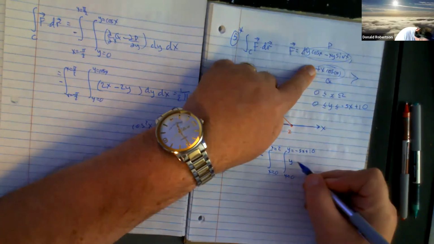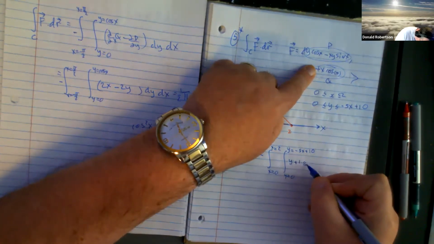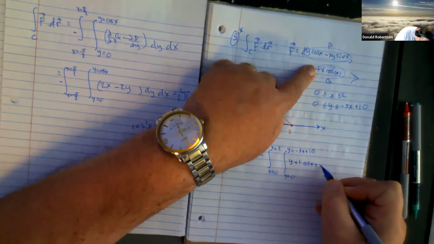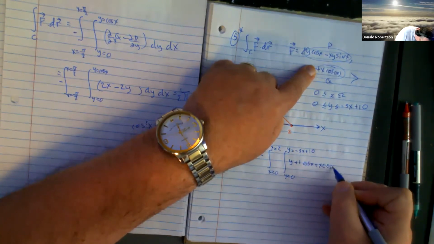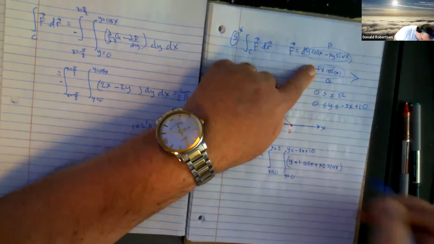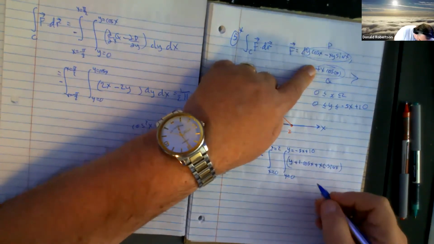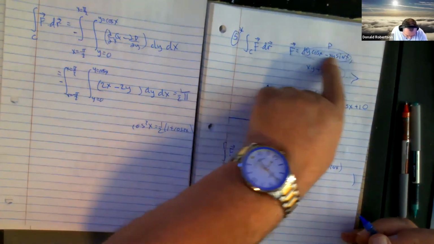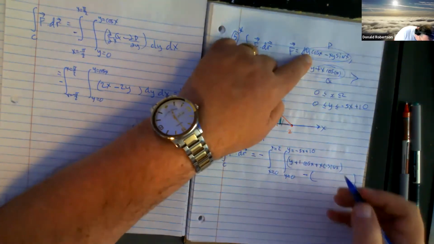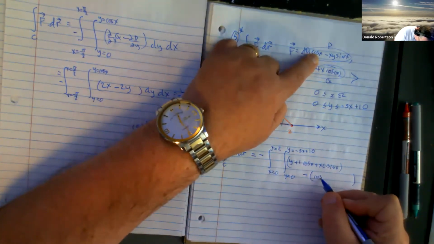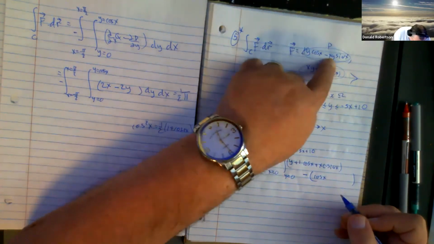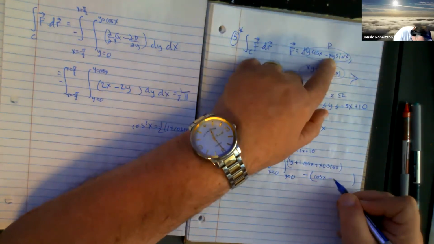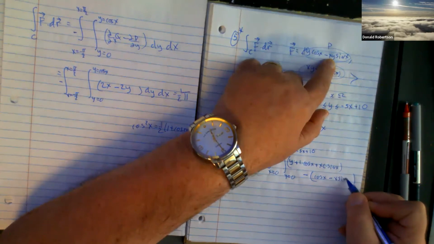So here goes. You're going to get a 1 times the cosine of x plus x times negative sine x. Then you're going to take away the other answer. Now, if you differentiate P with respect to y, you get a cosine x. And if you differentiate this with respect to y, you get a -x sine x.